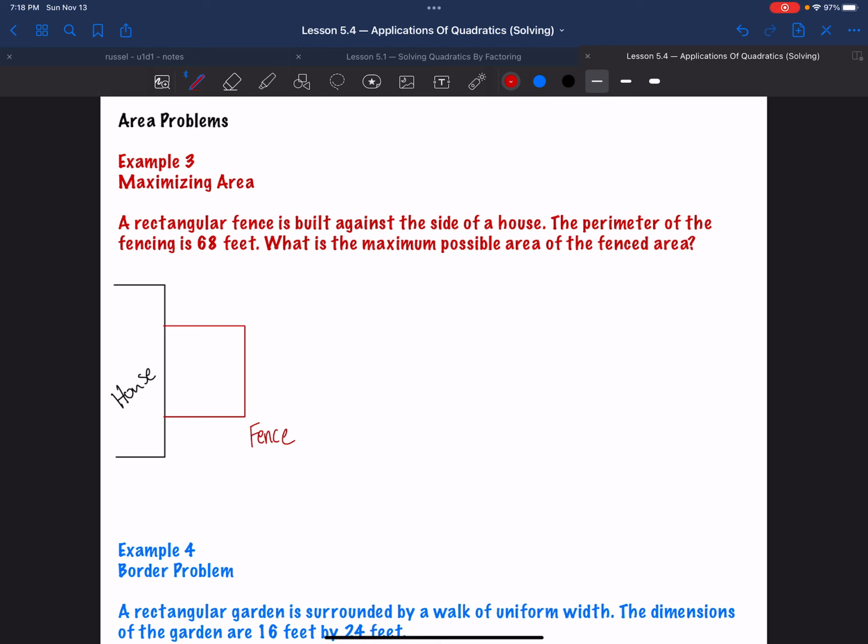So here's what I'm going to do. I'm going to label the side lengths with a variable of my choice because I don't know what these lengths are, so they're unknowns, which means they can be represented with variables. I'm going to call the length that is perpendicular to the house x, and then I'll call the piece of the fence that is parallel to the house y.